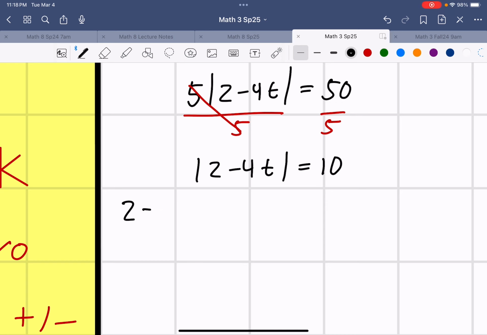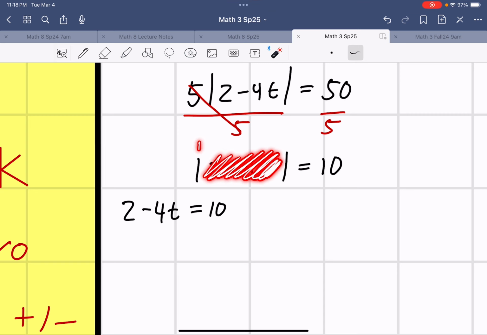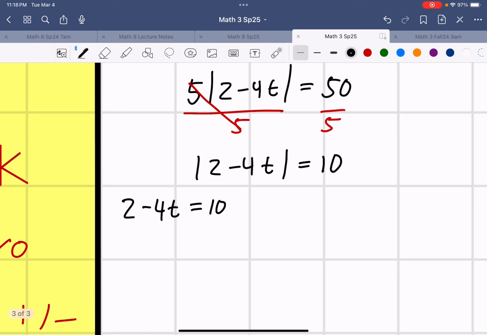I have 2 minus 4t equals 10. Right? Because the idea is I need a number inside this absolute value that gives me positive 10. What's going to do that? Well, positive 10 will and negative 10 will. So if I set it equal to positive 10, I will subtract 2 to both sides.